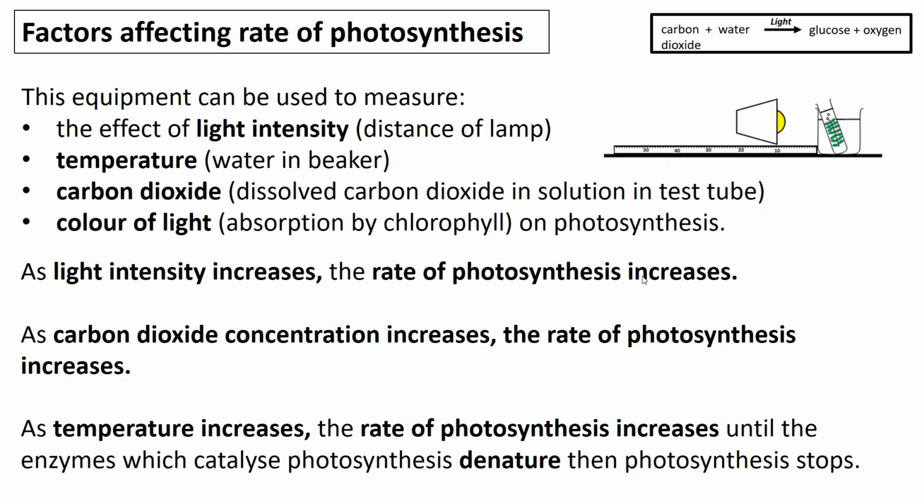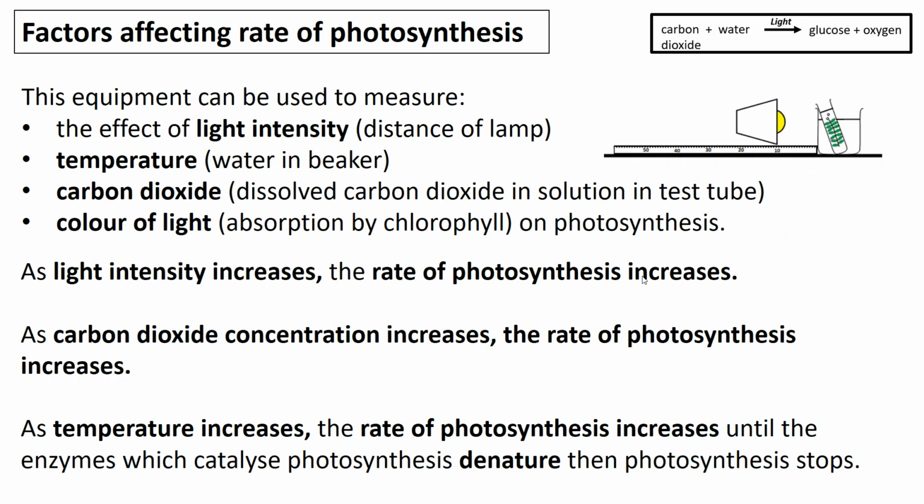But you can also use that equipment and that method to change the temperature. So, for example, you could change the water in the beaker, keep the distance of the lamp the same, that becomes your control variable, but just alter the temperature of the water in the beaker each time and see the effect of that on the rate of photosynthesis. You can also change the carbon dioxide by using dissolved carbon dioxide, so usually a carbonate solution, inside the test tube where your pondweed is.